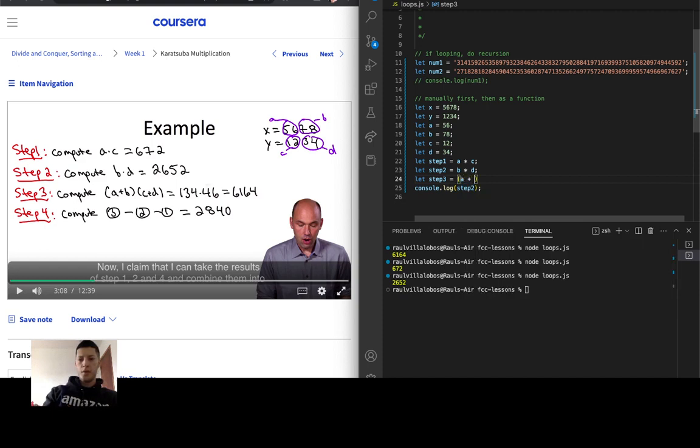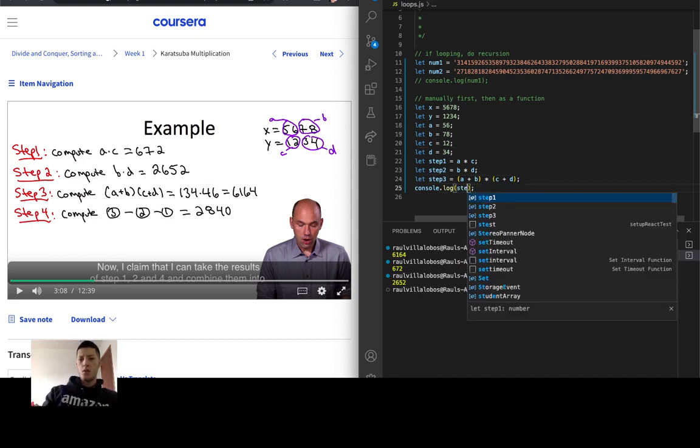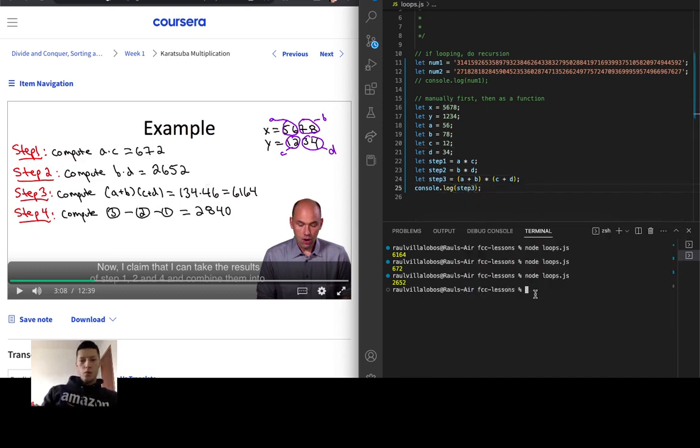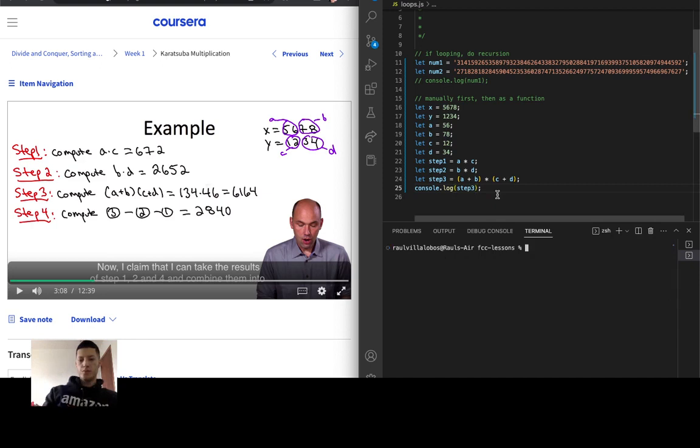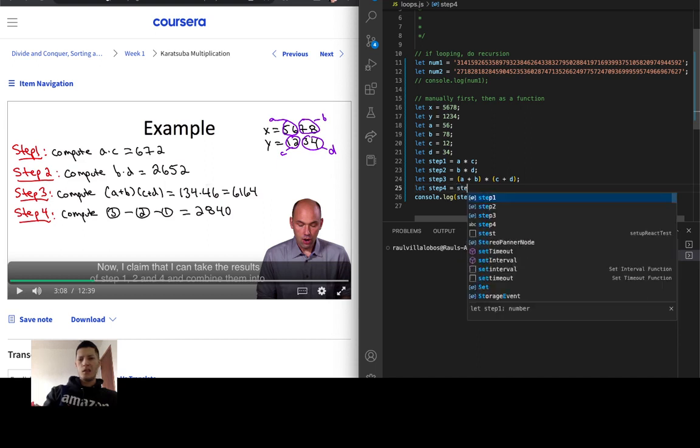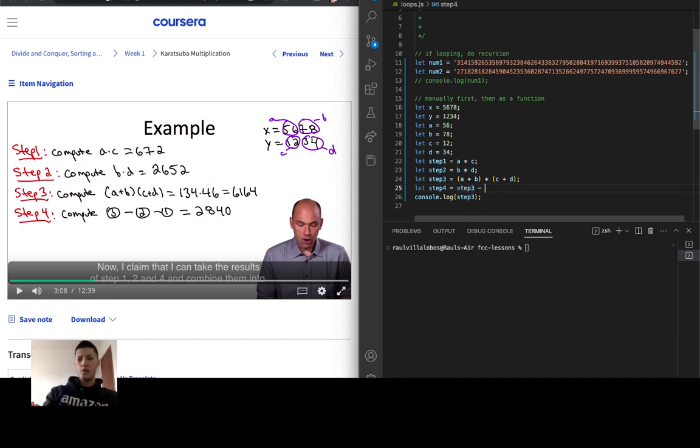We'll do A, B, C plus D, which is what I had earlier as well. It's 61. Oh. And now step 4, step 4 is step 3 minus step 2 minus step 1. What do we get?